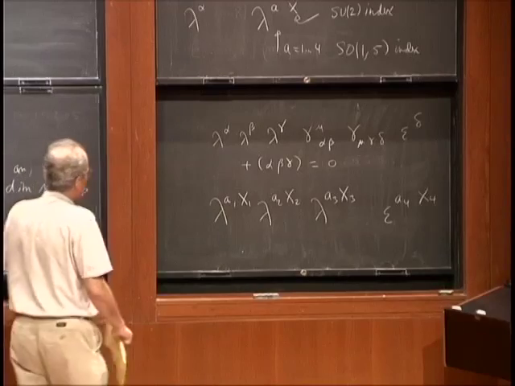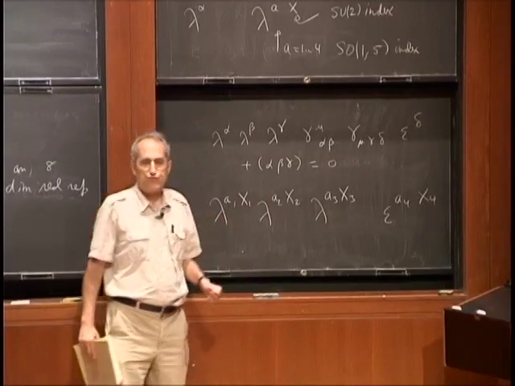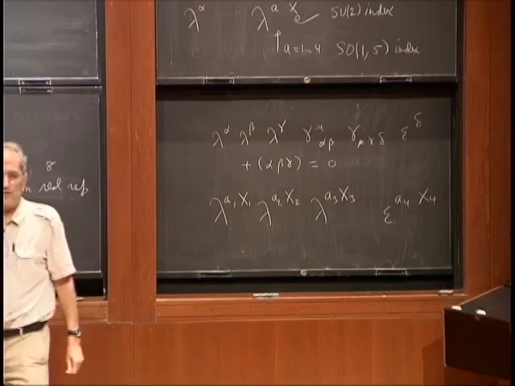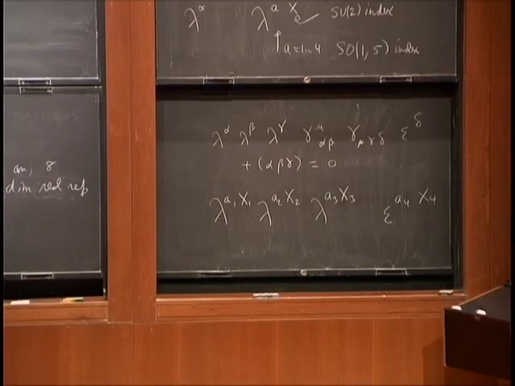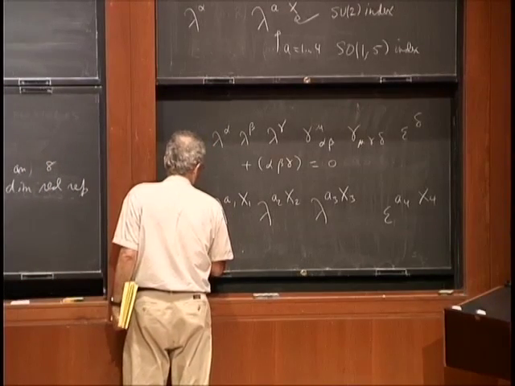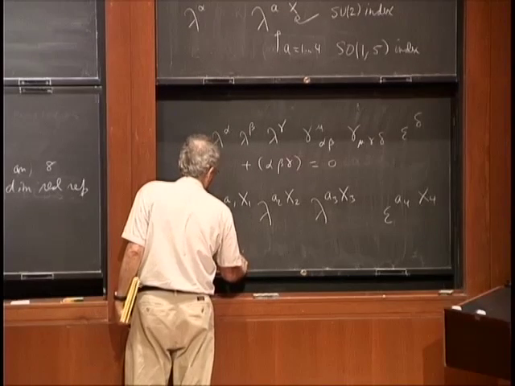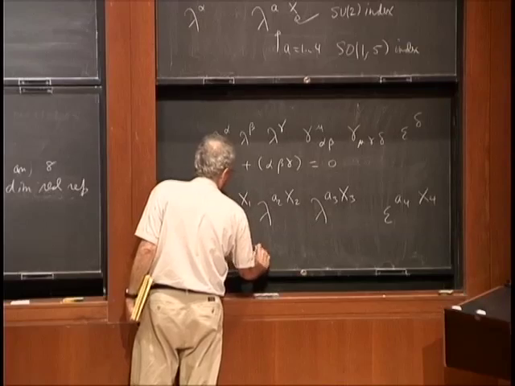We have the 4-dimensional representation of SO15. We've got 4 guys that all transform in that representation. The only invariant in that representation is made with the epsilon symbol.